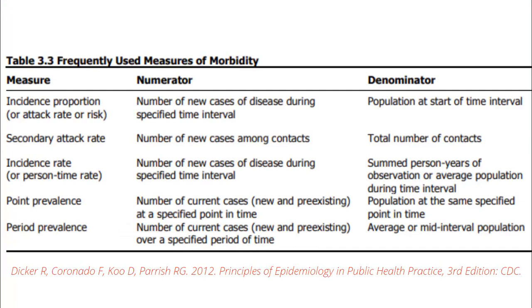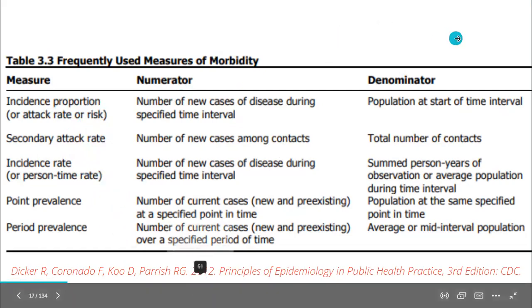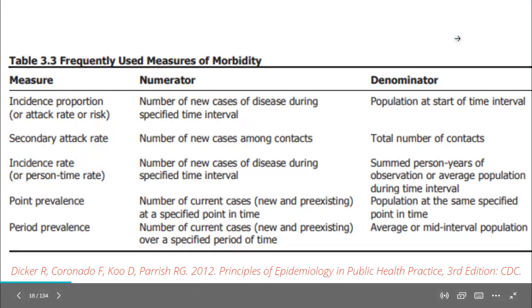For now, you need to know that under the morbidity health indicator, we have the measure of incidence proportion, also known as risk, and then we also have secondary attack rate, incidence rate, point prevalence, and period prevalence. So let's discuss these one by one.